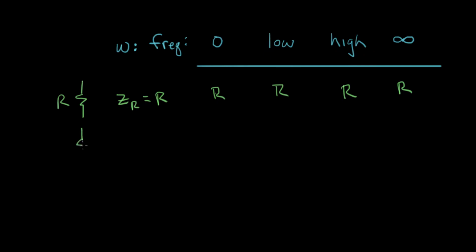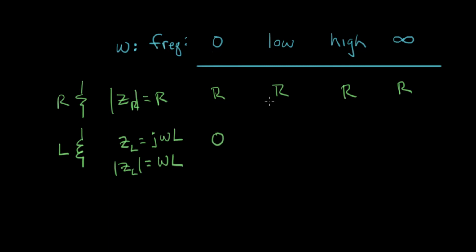So now let's do the inductor. And we decided that Z of an inductor was j omega L. And let me do something very specific. I'm going to get rid of this j. I'm going to basically say I want to just look at the magnitude of the impedance. If we just look at the magnitudes, the magnitude of Z inductor is omega L. So now let's fill our table in for omega L. So when omega is 0, the magnitude of the impedance is 0 for an inductor.